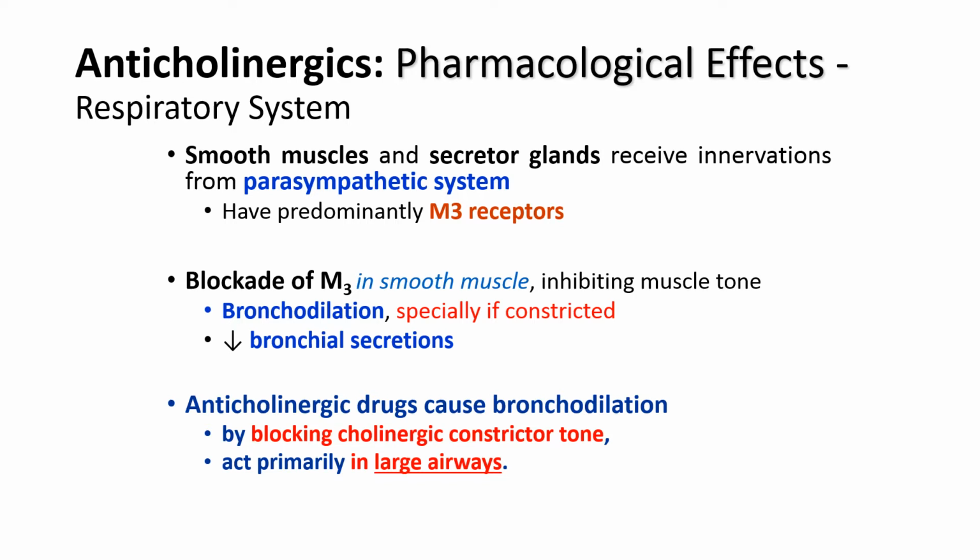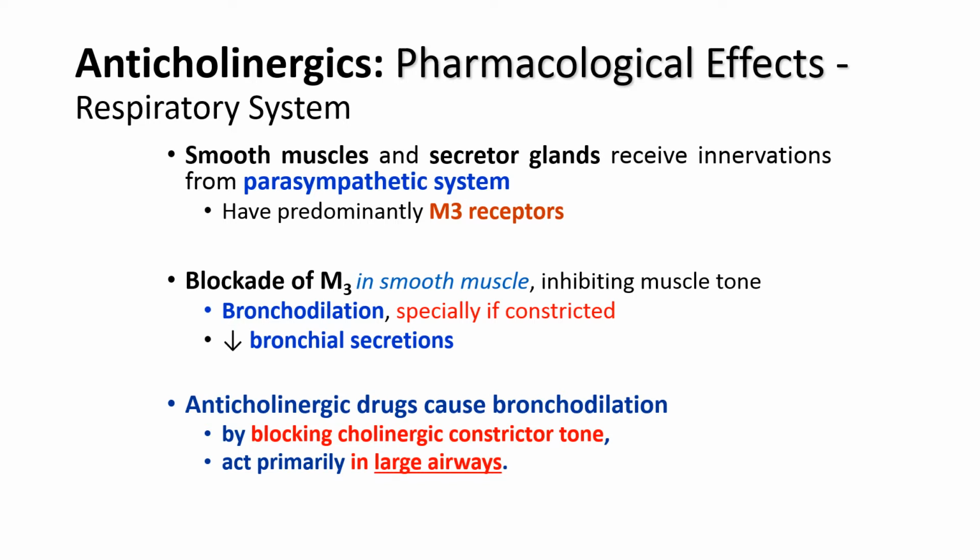And one aspect that you should remember about anticholinergic drugs is their role in diseases where the cholinergic tone is very high and the bronchoconstriction is due to that high cholinergic tone.